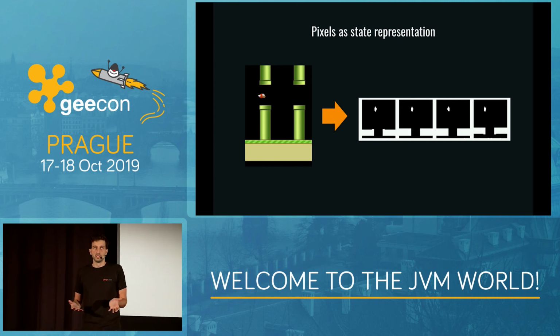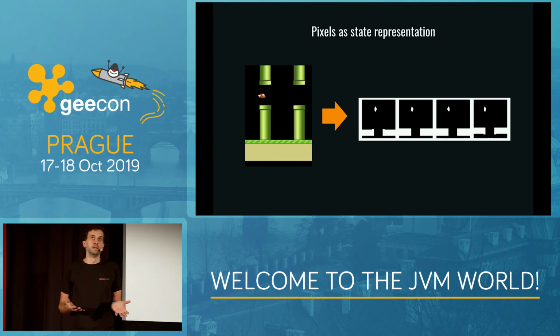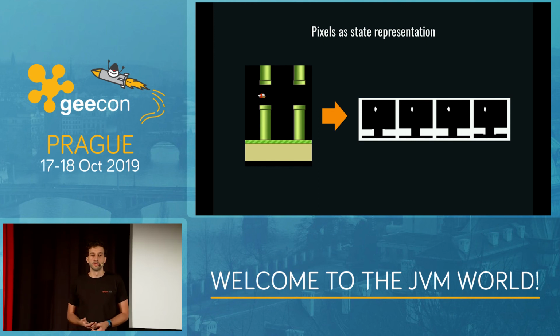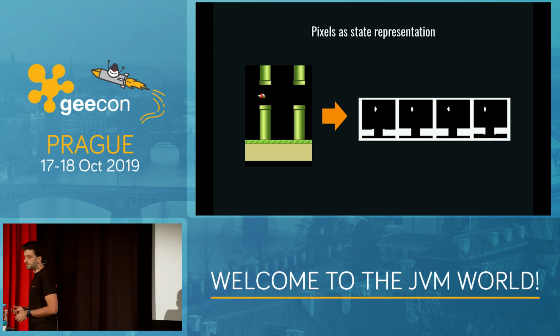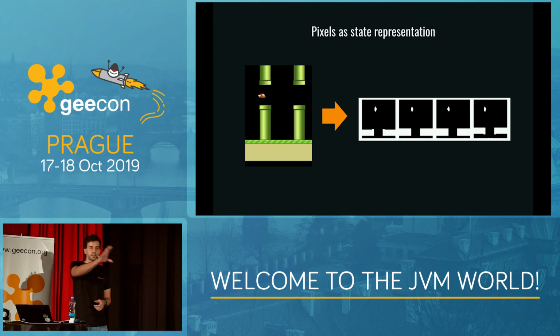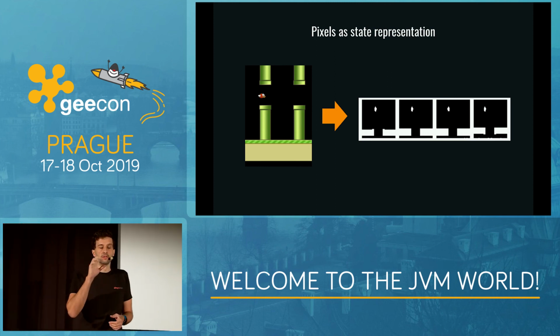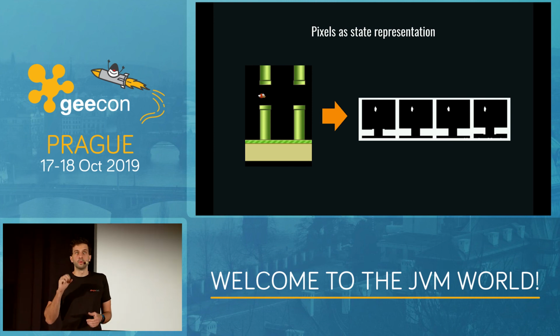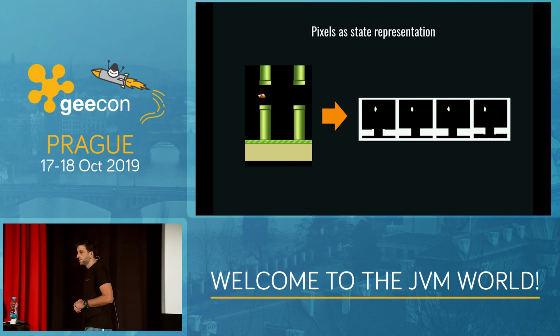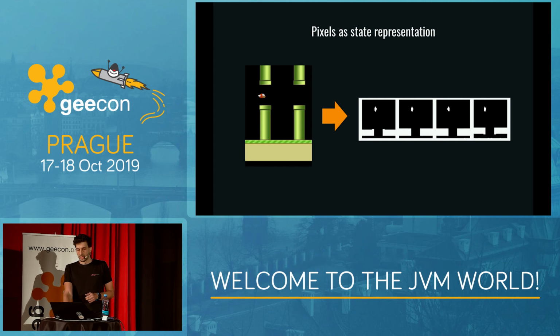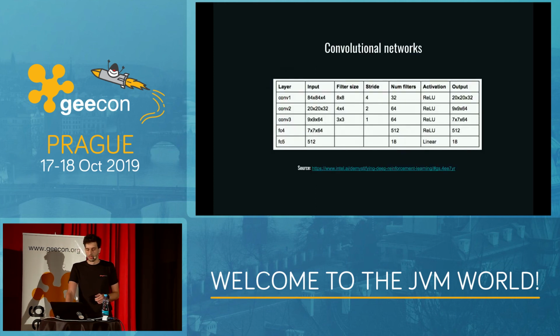You can just learn to play a game by watching YouTube, which was the title of one of their papers. So they are taking the pixels as state representation. They are taking 4 frames of it, so we are operating on 4 images. This opens also some interesting possibilities in terms of machine learning.